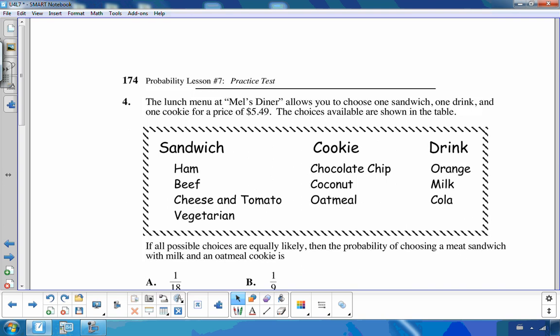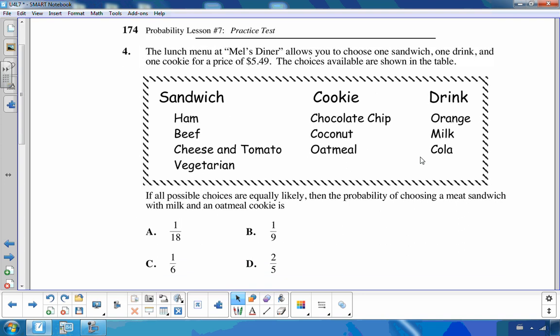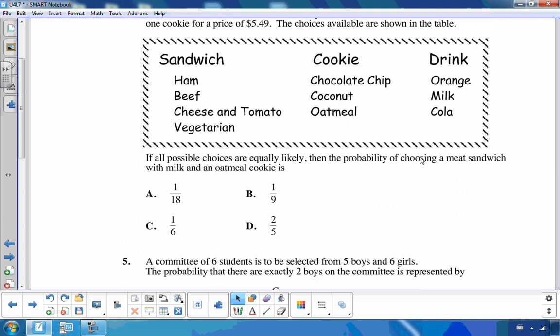Okay, next page. We have Mel's Diner, and it allows you to choose 1 sandwich, 1 drink, 1 cookie for a price of $5.49. If all choices are equally likely, what is the probability of choosing a meat sandwich with milk and an oatmeal cookie? Okay, let's just think here. There are 2 meat sandwiches I could choose from. I am having an oatmeal cookie, 1 way, and I'm having milk.